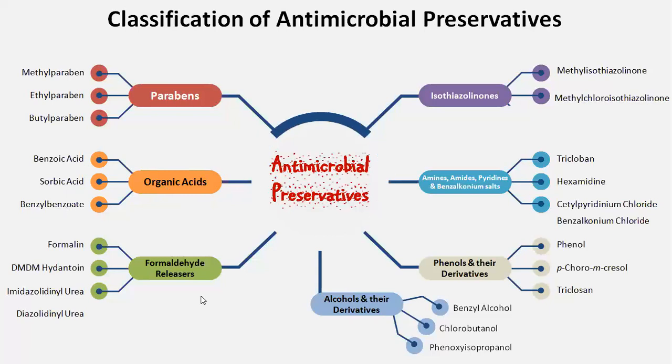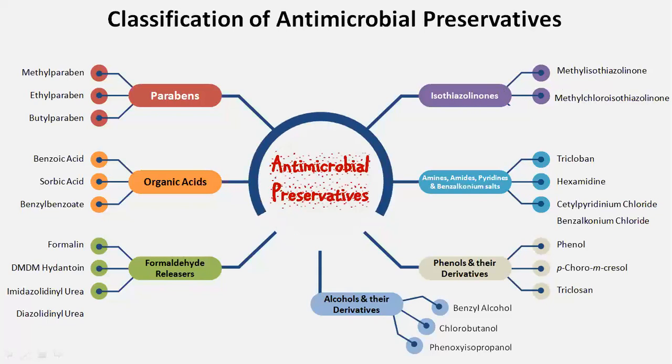Next, coming to formaldehyde releasers, formalin. Formalin is nothing but formaldehyde. DM hydantoin, imidazolidinyl urea, diazolidinyl urea are examples of formaldehyde releasers. Next, isothiazolinones.